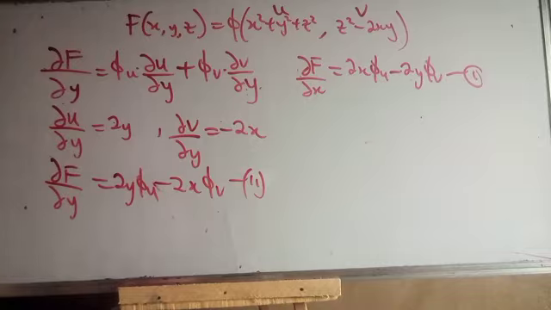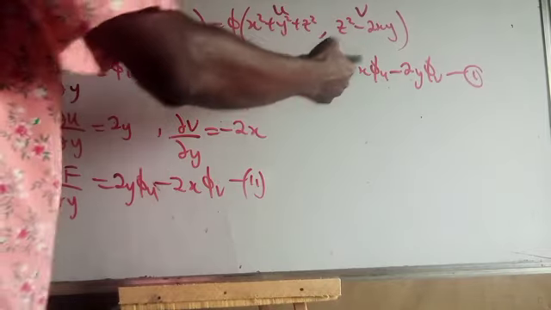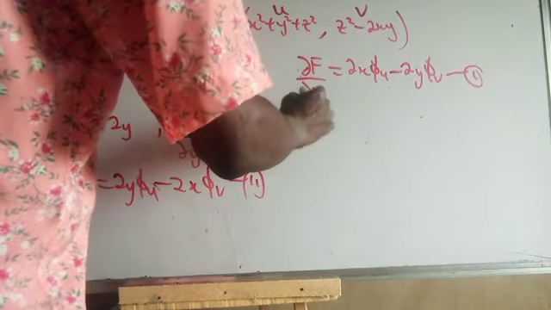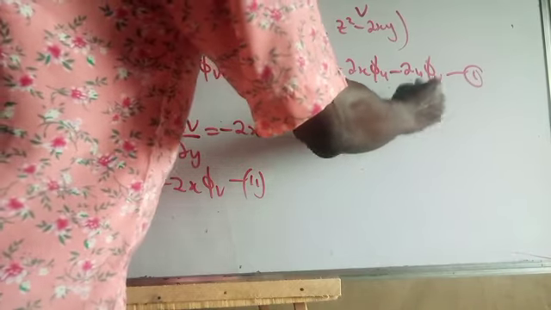Now, by and large, we can look at what we could do. Don't forget these things are equal to 0. The first equation is equal to 0, the second one is equal to 0. So from here, let's combine them. Combine equation 1 and 2 together.